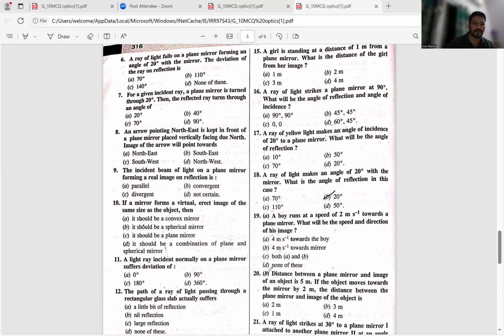So we move on to question number 20. Distance between a plane mirror and the image of the object is 5 meters. An object moved towards the mirror by 2 meters. The distance between the plane mirror and image of the object is... So how to solve this question?